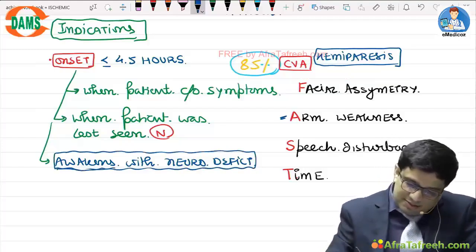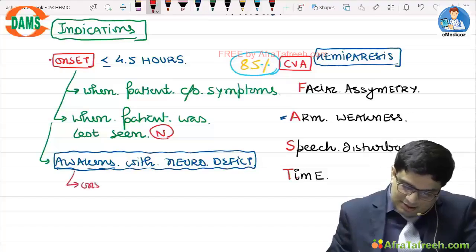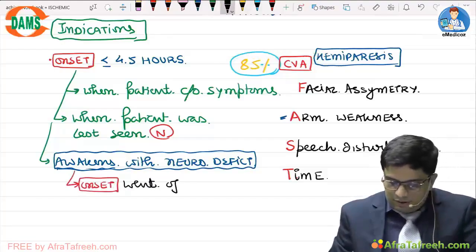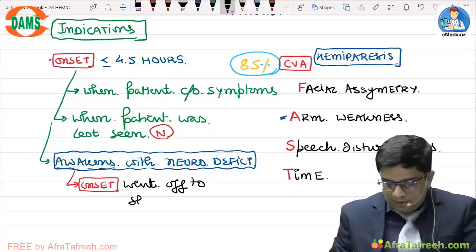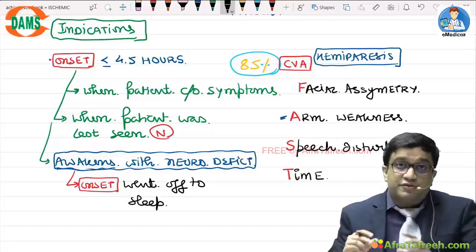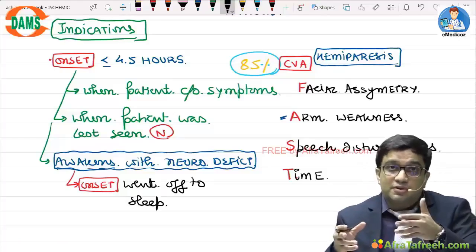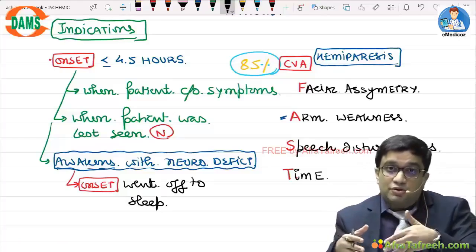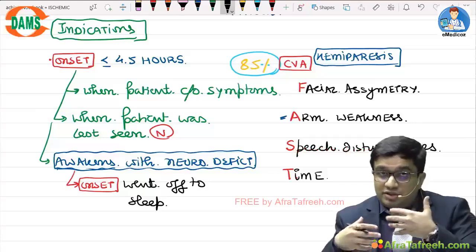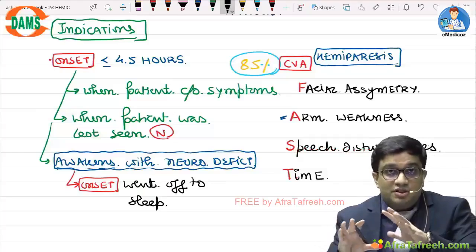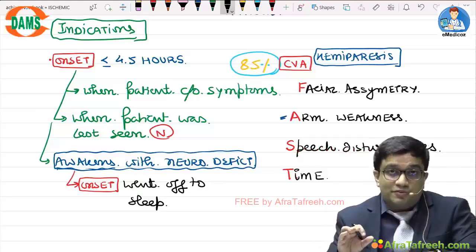Then in that case remember the onset is taken as when the patient went off to sleep. So in these conditions we usually find the person has developed the stroke during sleep. Since the patient was sleeping, he could not realize it, no one was seeing him while sleeping, so no one would find it. So very simple concept. The definition of onset of stroke should be very, very clear.